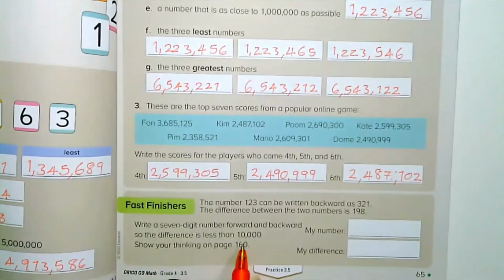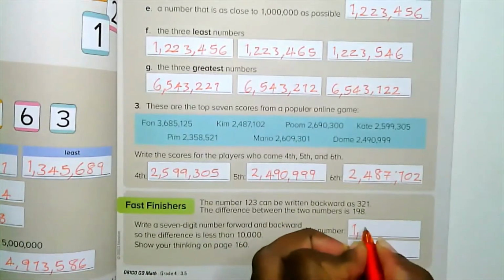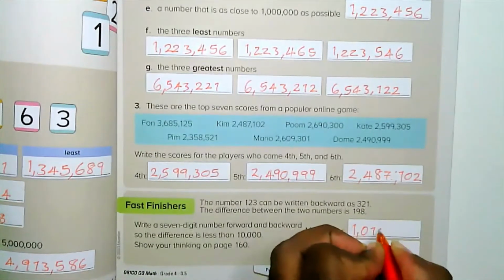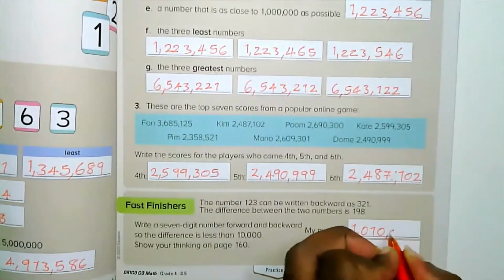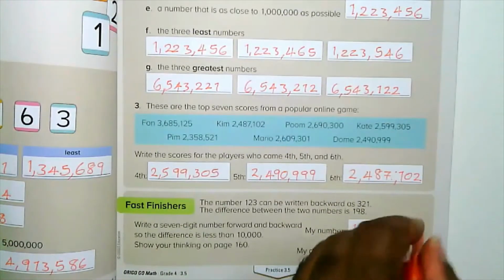So we're given that the difference is 10,000, and it's 7 digits. So we can just use 1,010,000 and 1,001,000, let's use that.